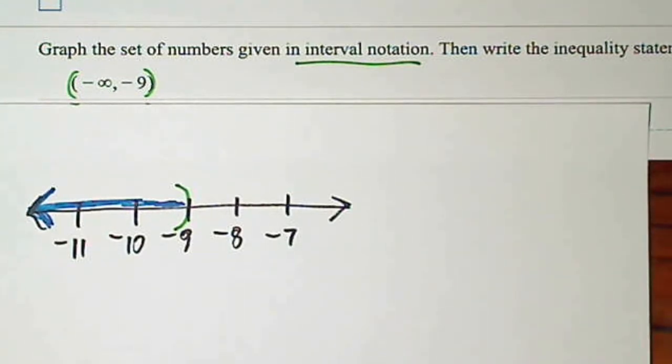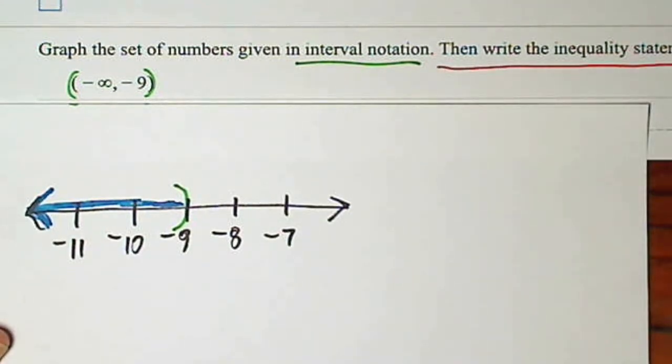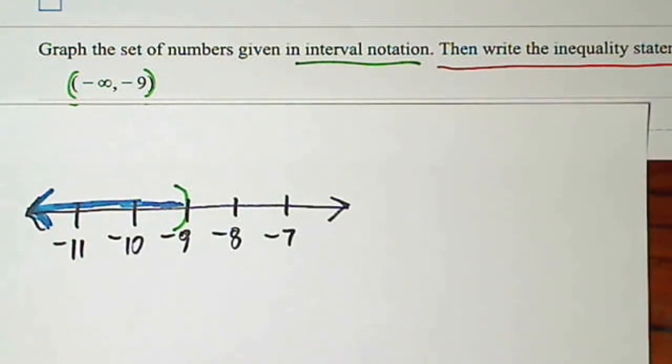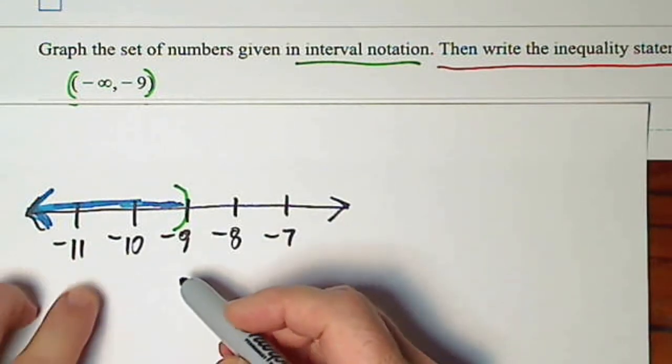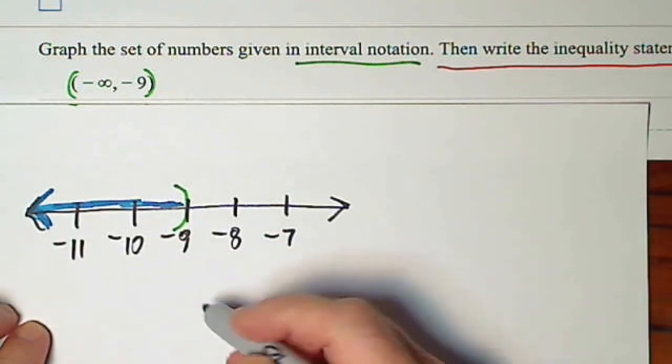Oh wait, then they say to write the inequality statement in X describing this inequality. So X is anything where we have it shaded in blue.